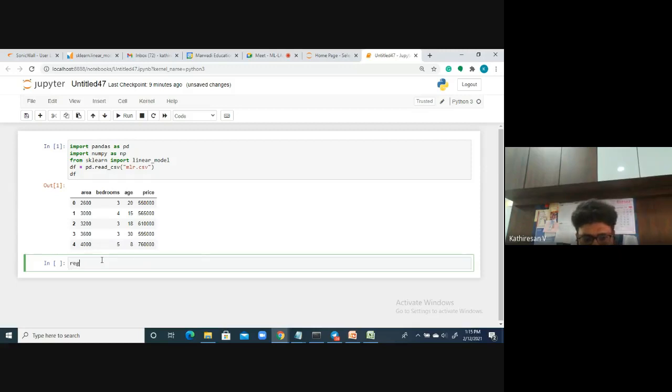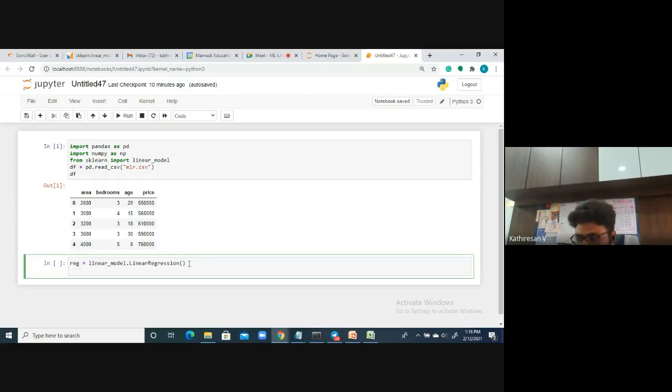So regression equal to linear model dot linear regression, then dot fit of the data file we are taking.